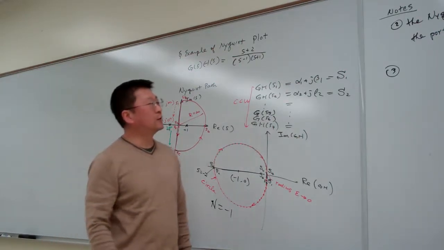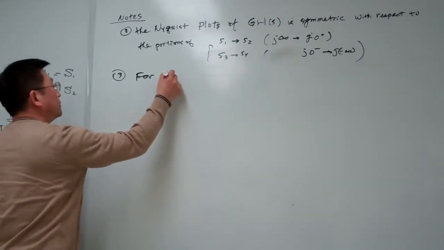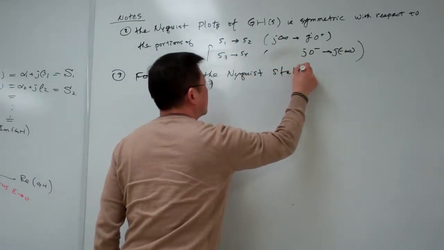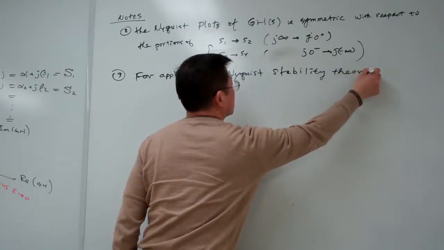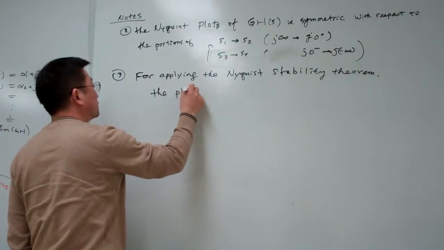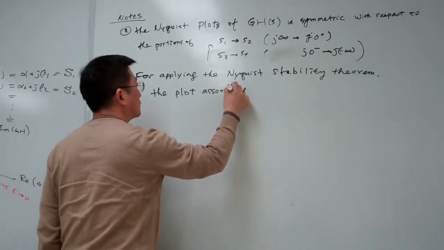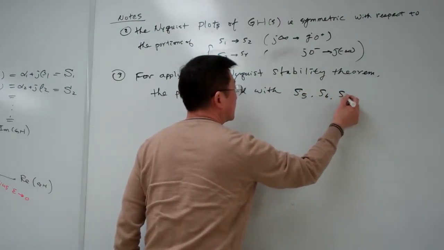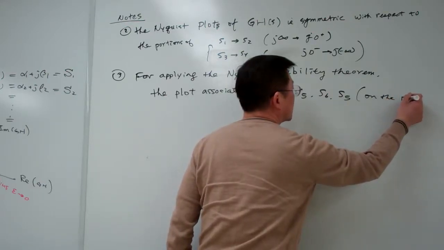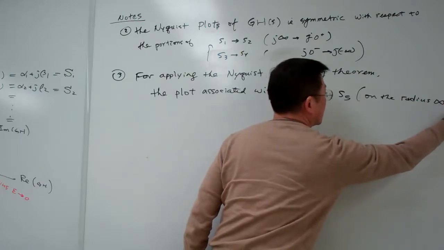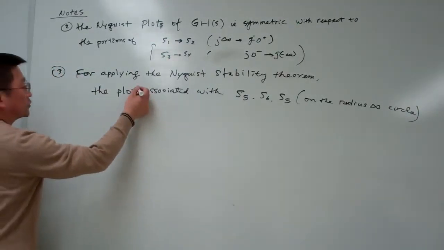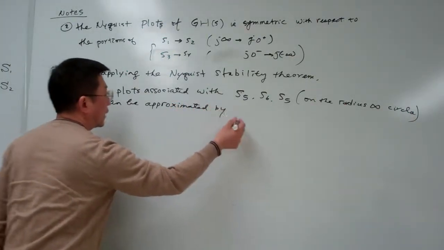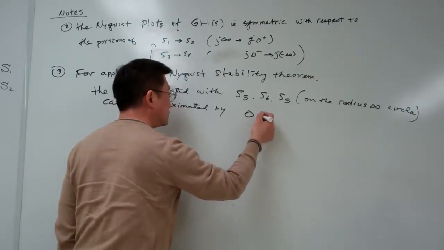We good? Okay, so for applying the Nyquist stability theory, the plot associated with S5, S6, S7, that means on the infinite radius circle, can be approximated by 0 plus j0.